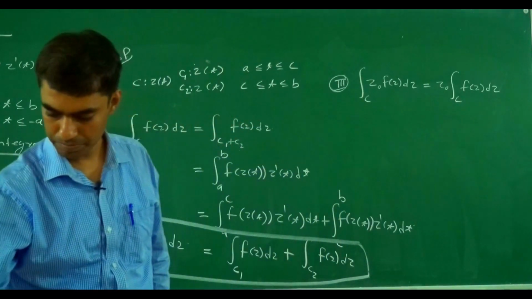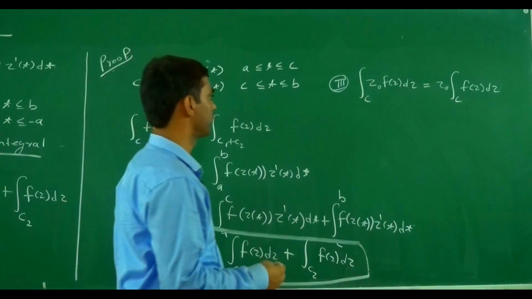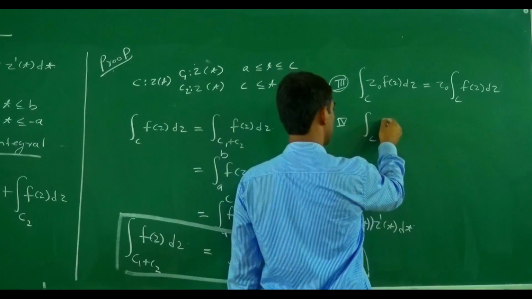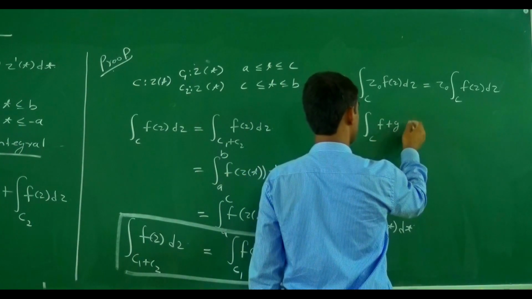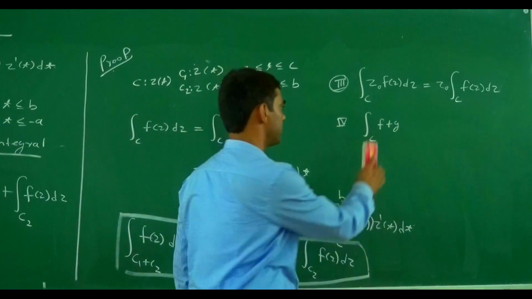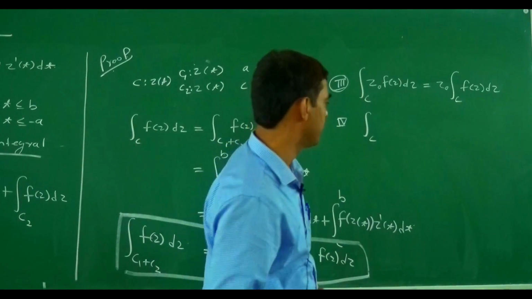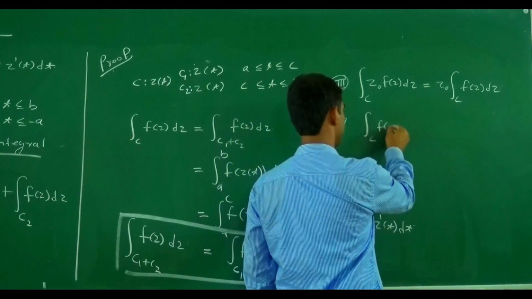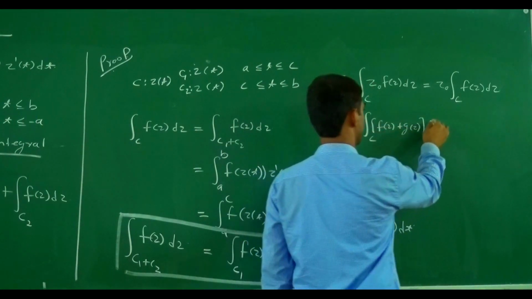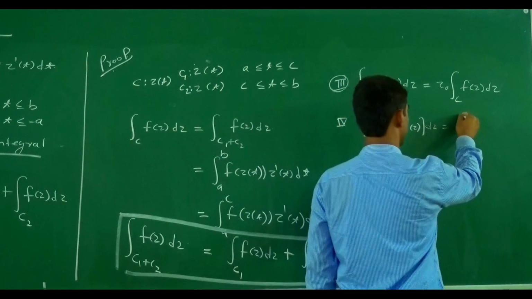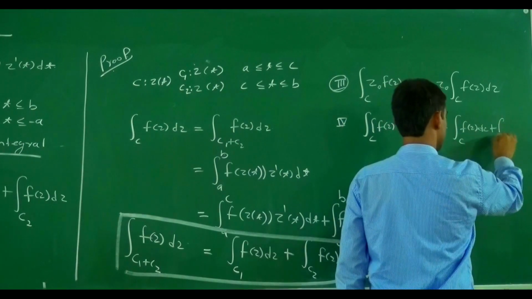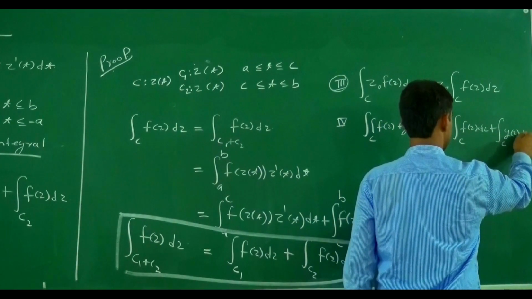And similarly, the fourth one: the integral over c of f(z) plus g(z) dz equals the integral over c of f(z) dz plus the integral over c of g(z) dz.